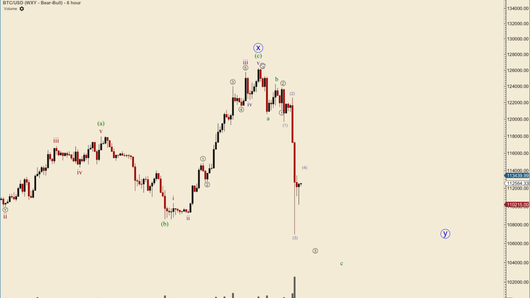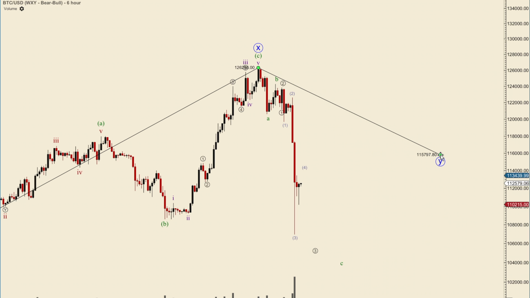So if it is a flat ABC, we are looking for ABC upwards, a three-wave movement, either to take out the all-time high, because that's the most probable scenario, because an expanded flat is more common than a regular flat, or we are getting very close here and then we get a wave C down. Or in a triangle, which has a lower probability, we are looking for A, B, C, D, E in a triangle shape like this.